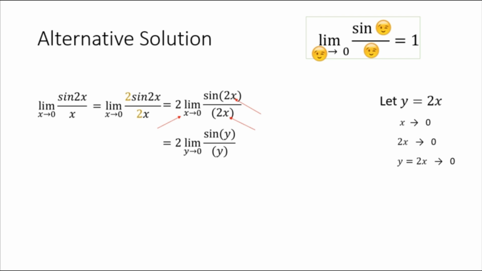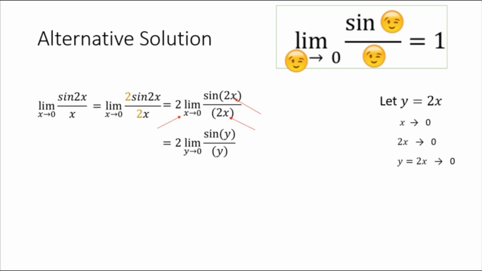It now becomes 2 times the limit of sine y over y as y approaches 0. So once again, our good friend says that he is up for grabs. We get 2 times 1, which is equal to 2. Wow.